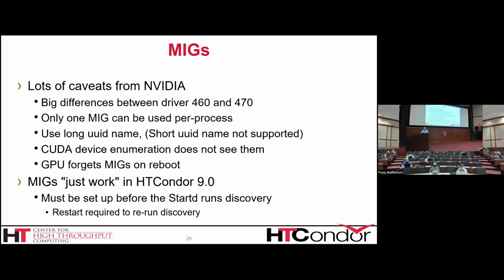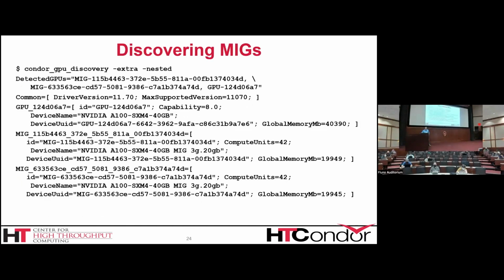All right, I'm going to back up a slide and go back to what I was looking at before. Here's an example of GPU discovery with MIGs. Now, this is a machine that has two A100s. One of them is in MIG mode, and the other one isn't. So we have common. The only thing that's common is the driver version. Here's the non-MIG GPU. It has the usual stuff, including 40 gigs of global memory.